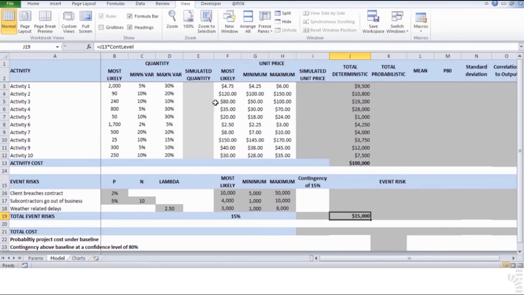On cell I21, add the total activity cost estimate, cell J13, to the contingency estimate, cell J19, to obtain the deterministic cost baseline calculated with a percentage contingency rate of 15%, with the formula equals J13 plus J19. A total cost baseline of $115,000 is calculated this way.